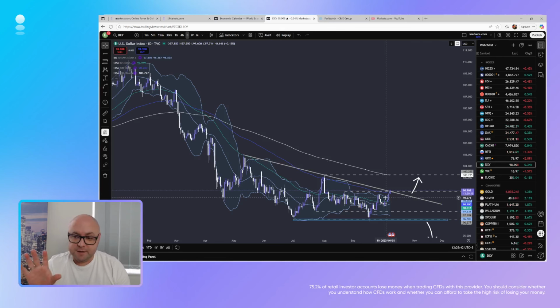Because again, let's not forget that we're getting the central bank interest rate cuts. The Federal Reserve will be cutting rates, so that's already a negative for DXY. But before that, maybe we could see a little bit of retracement in DXY.